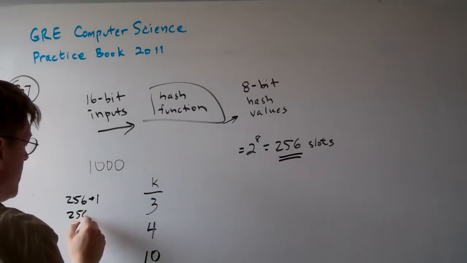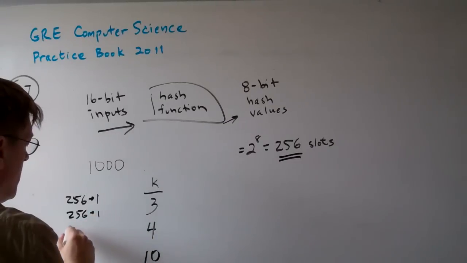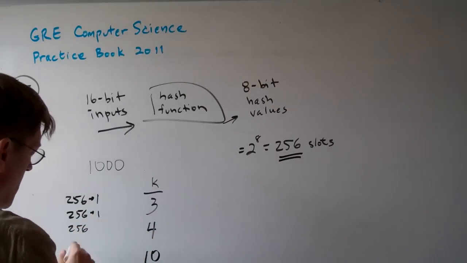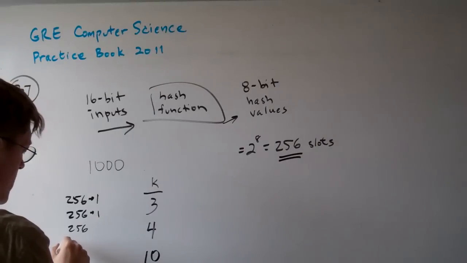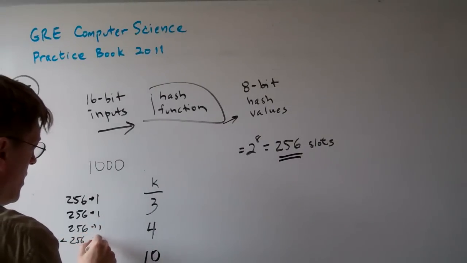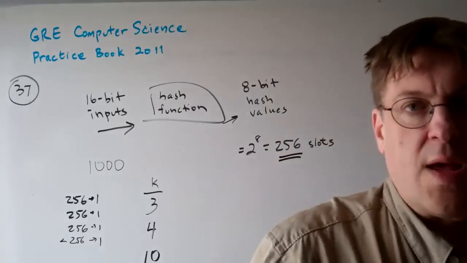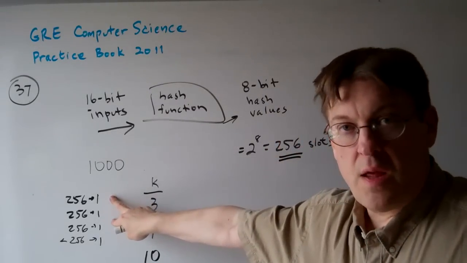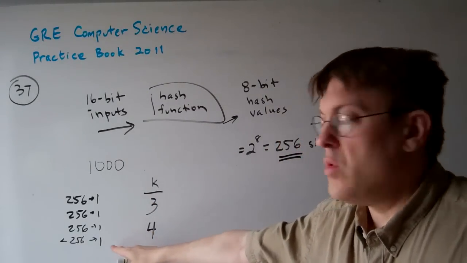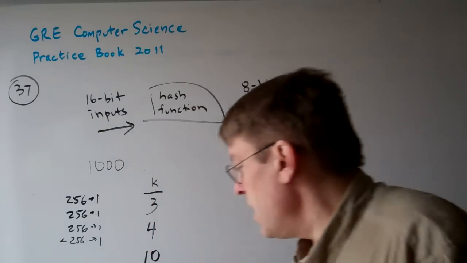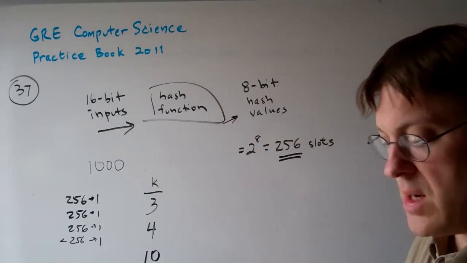Another 256, and another 256, and then we'd have whatever is left over, less than 256. So in that case, every single one of these slots would have 3, and most of them would have 4. 10, we do not need to necessarily have.